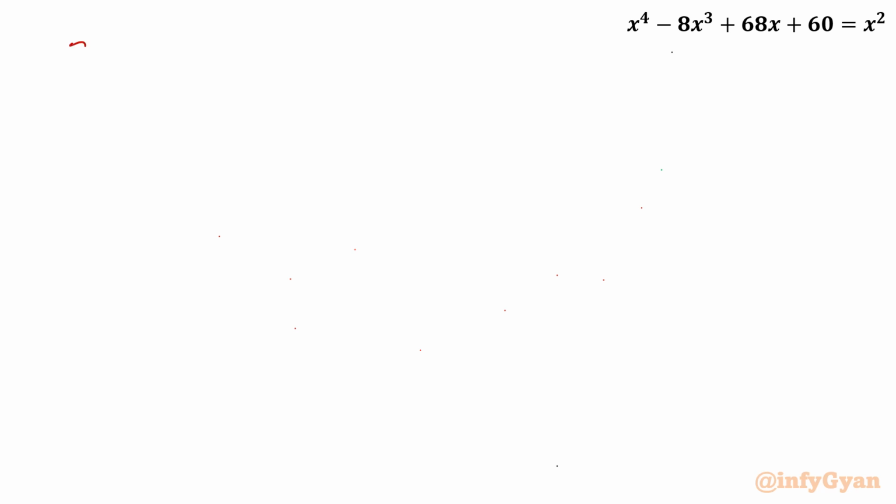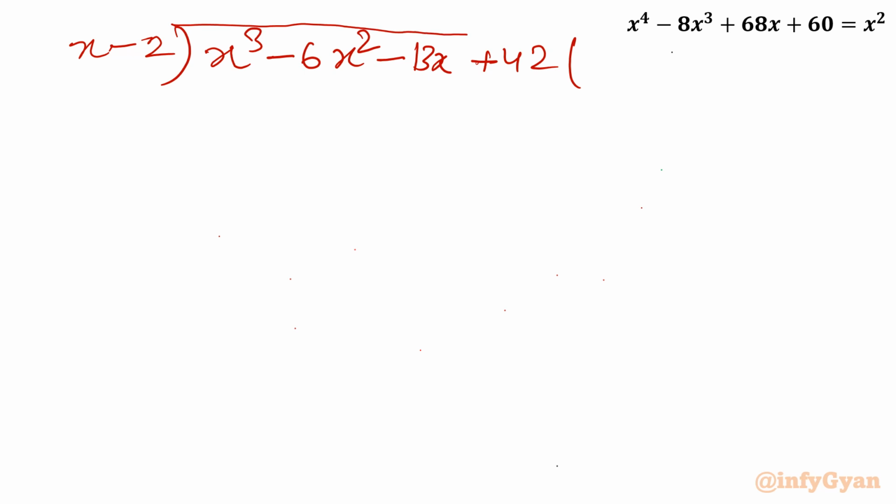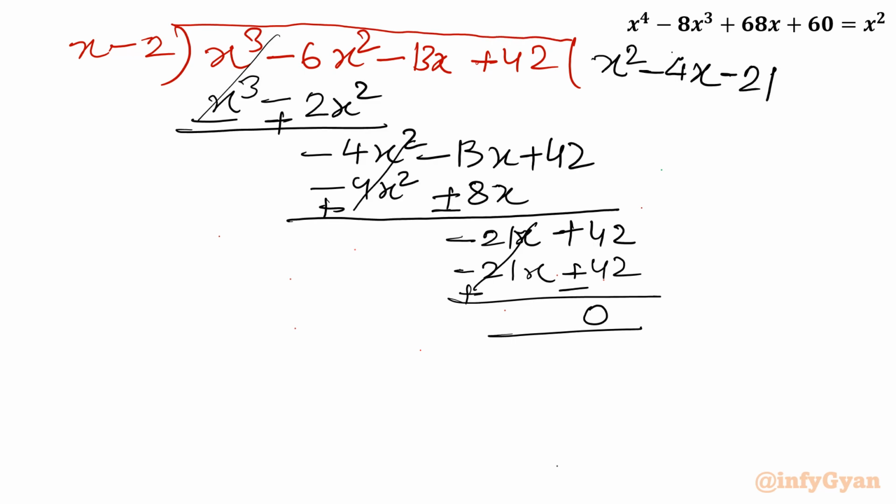I will write x minus 2 divided into what was the quotient there, that was x cube minus 6x square minus 13x plus 42. Now I will skip that part. I will pause it and then I will show you. After the second successive division, we have quotient x square minus 4x minus 21, remainder 0.